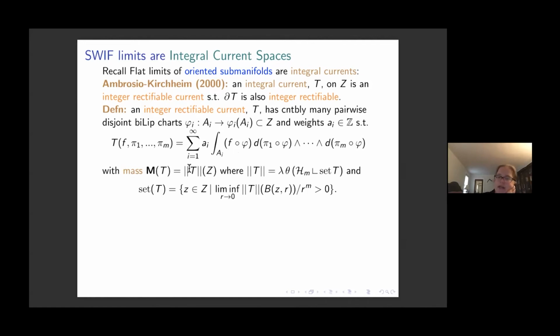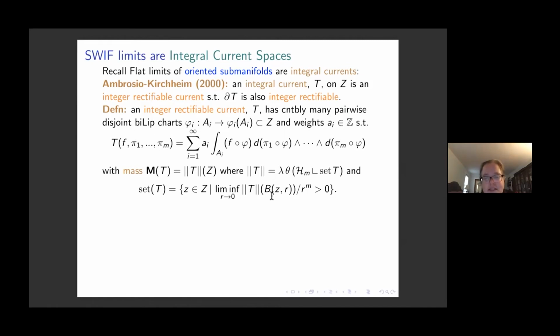The mass of these sets is the mass measure ||T|| of Z, where the mass measure equals some lambda, which is called an area factor, that was bounded above and below by constants depending on dimension, times theta, which was a weighted function depending on the a_i, and the Hausdorff measure H^m restricted to the set of T. The m again here is matching the dimension of the integral current, matching the dimension of the tuple.